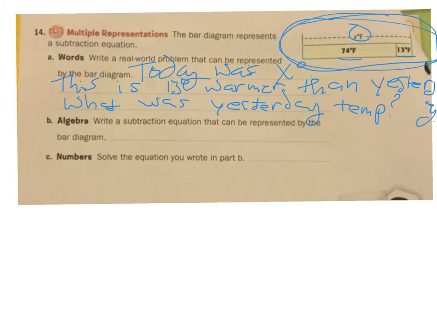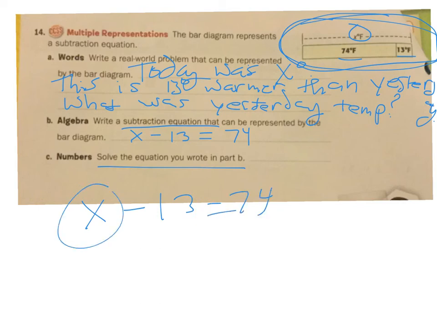Okay. B, write a subtraction equation that can be represented by the bar diagram. So if I start with X, subtract 13, it will give me 74. Pretty simple. Then I want to solve the equation that I wrote in part B. So X minus 13 equals 74.